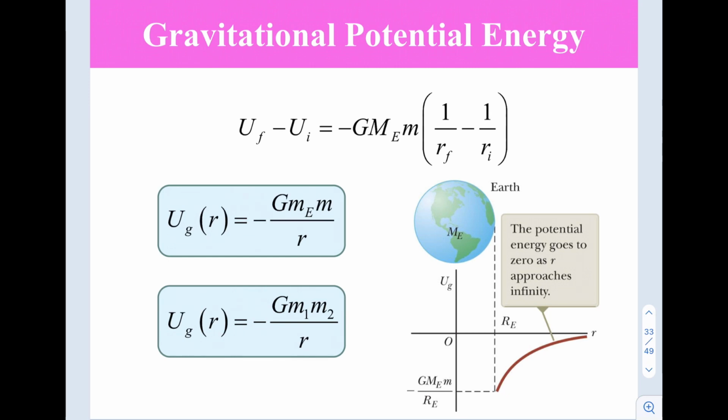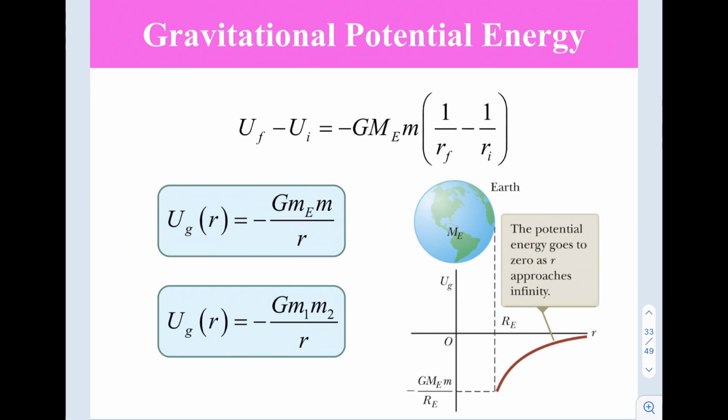So what does that negative mean? It's due to the pattern of the graph. The potential energy goes to zero as the position approaches infinity. If you refer to this equation, if this r is way too big, some amount divided by an infinite value will be zero, right?